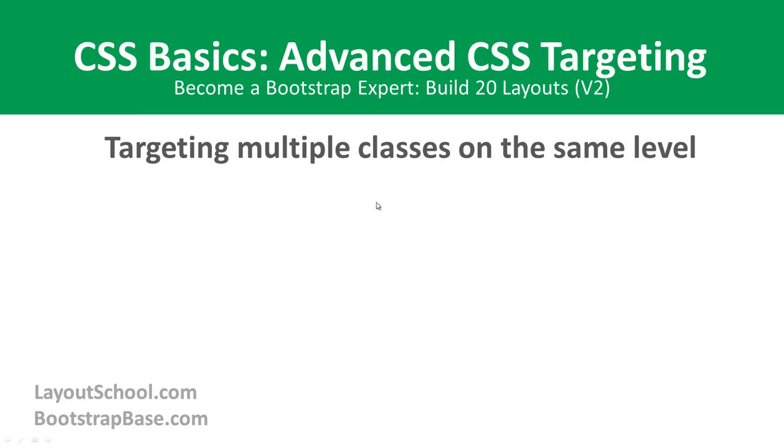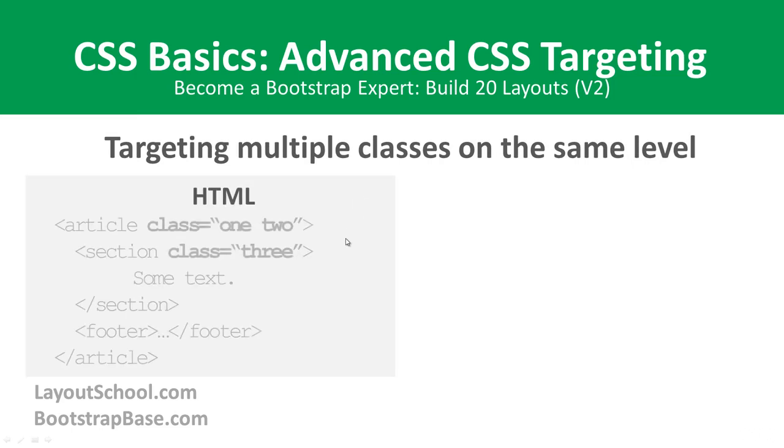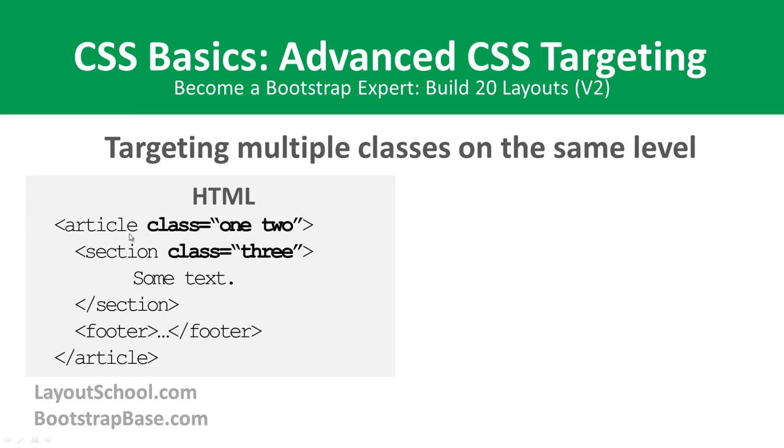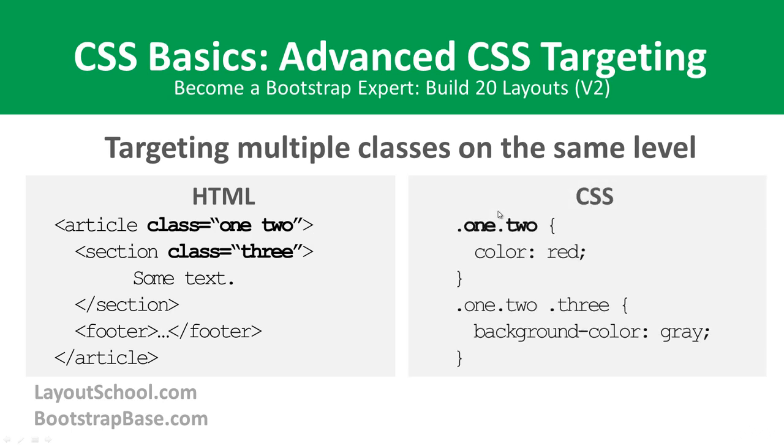And if you want to target multiple classes on the same level, because that's also possible, for example here we've got a snippet that starts with an article tag having the classes 1 and 2. So we've got two classes here, and these classes can be targeted separately in our CSS, or if we want to target this article and all the classes that are styling it, we could simply do this: .1.2.